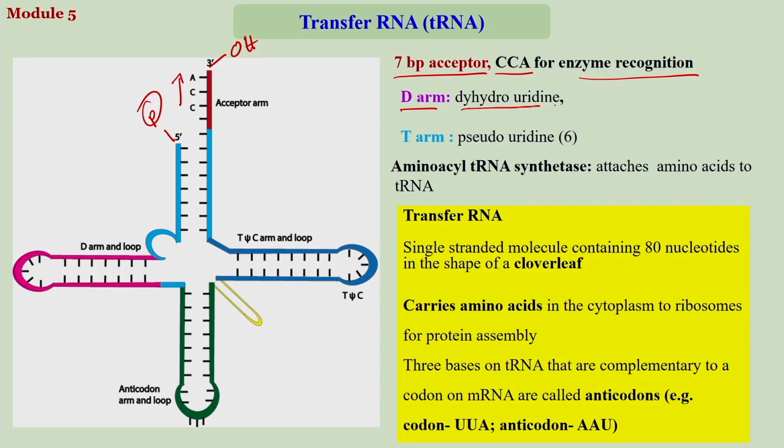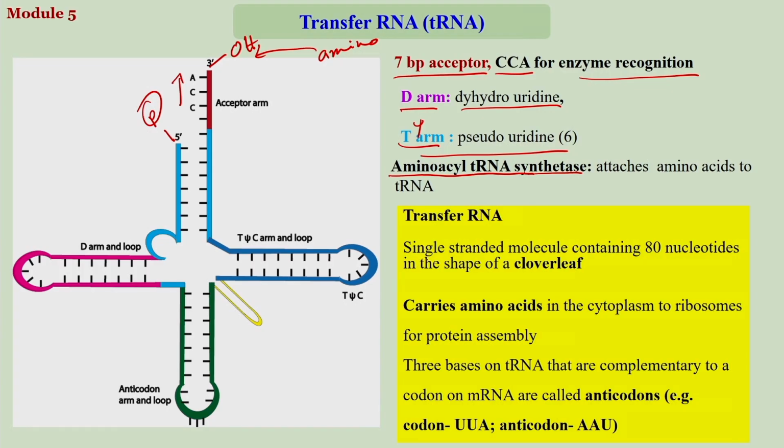The D arm is dihydrouridine, and the T arm is pseudouridine, T psi. There are usually 6 pseudouridines present in the T psi loop structure. The enzyme aminoacyl tRNA synthetase will attach an amino acid here. I will show you the reaction to the tRNA.